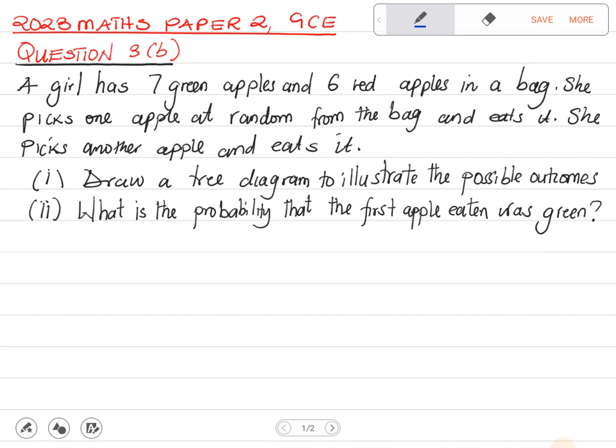So before we even look at the solutions, the first thing that you need to know is write down the data in a presentable manner. Okay?